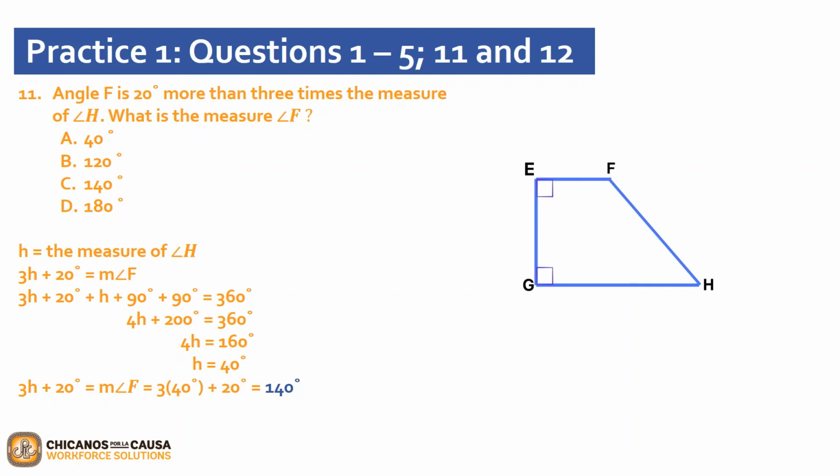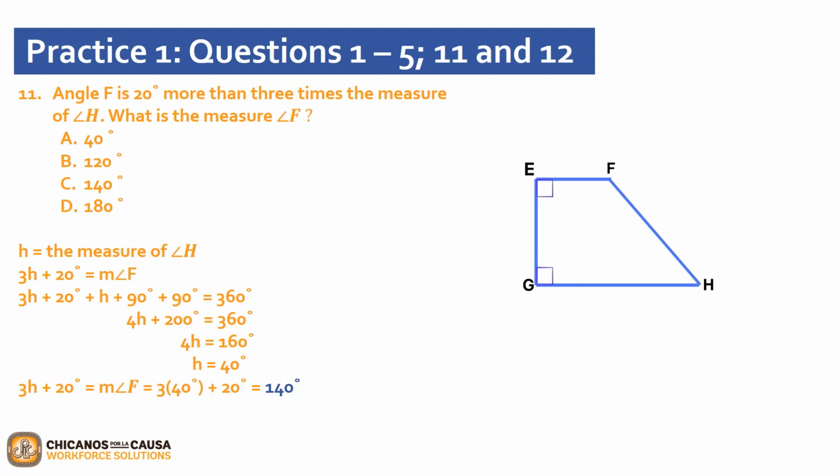Okay, it's a tricky one, but don't worry, we're going to solve it together. Let's start off by giving the angle H a variable. In this case, we're going to use H. In previous examples, we've used X and Y, but for this scenario, let's use H.